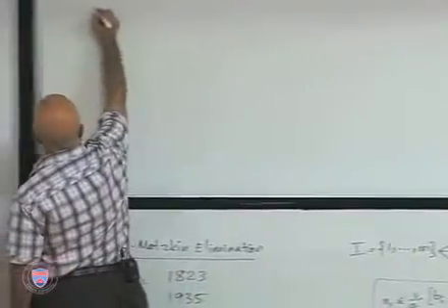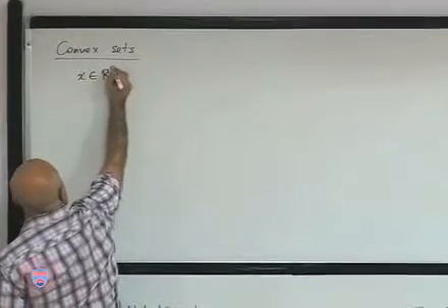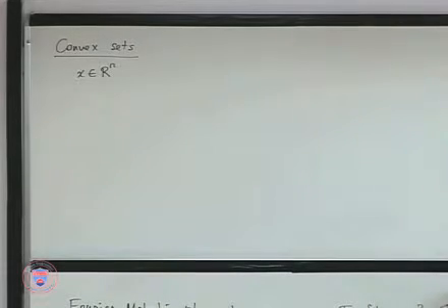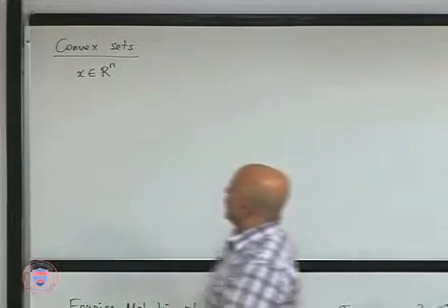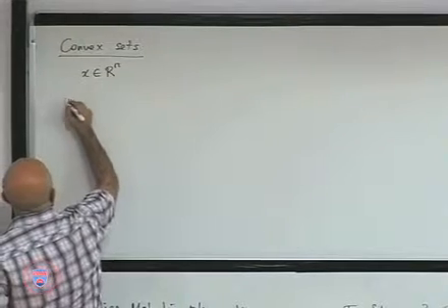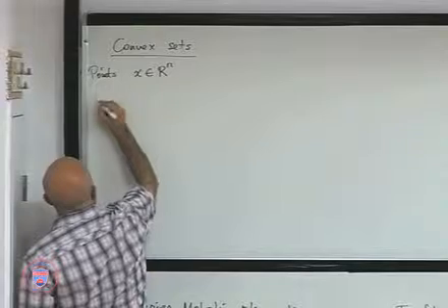I'm going to talk about points in the n-dimensional space denoted by Rn. That's the set of n vectors, with the Euclidean norm. All right, so my points are in n dimensions.